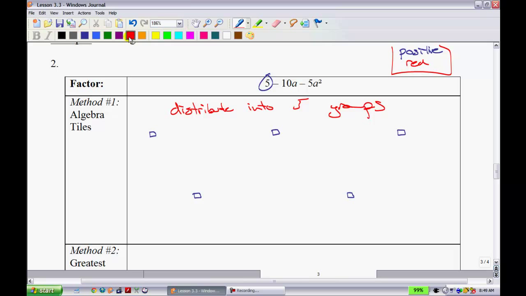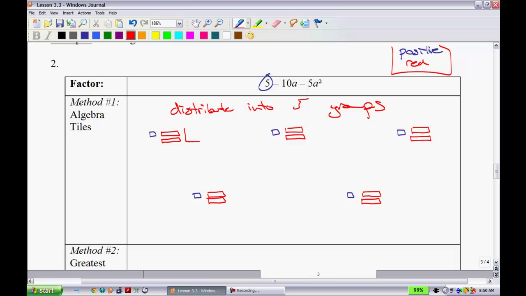Now I have my A's, so my A's are the longer bars. Since I'm dividing them into 5 groups, each one of these groups has to get 2 large bars like that. Okay, so that's my negative 10a, and then lastly I need to distribute out the negative 5a squared.